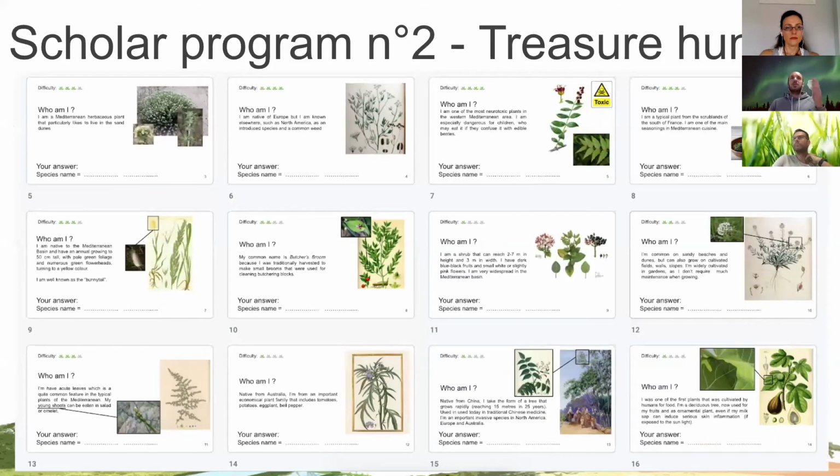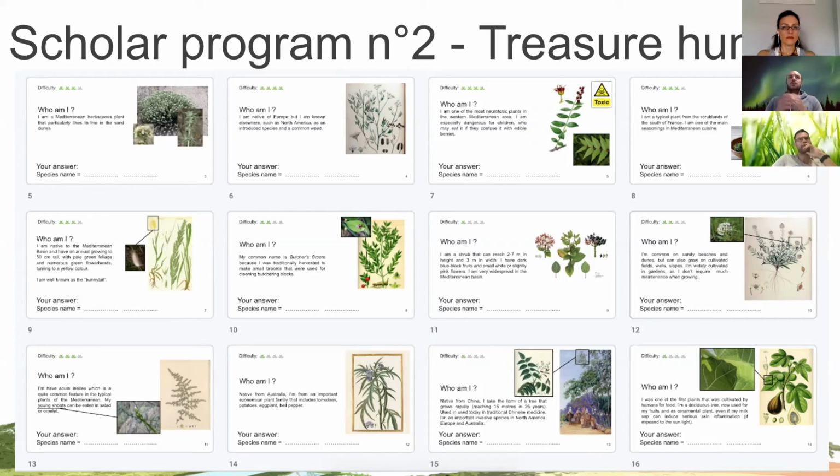And so here is the illustration of the different questions that we ask the participants. You can see that sometimes you only have a drawing, sometimes you have a combination of a drawing and a picture when the drawing is not clear enough, or when we want to highlight different scales of observation.